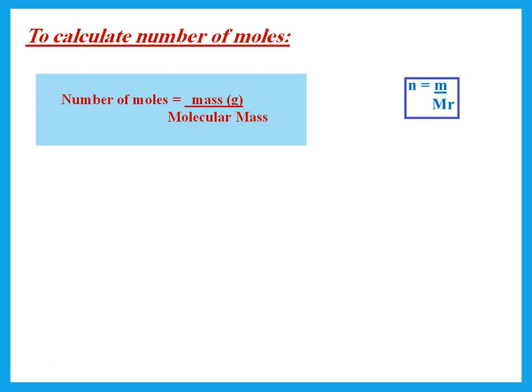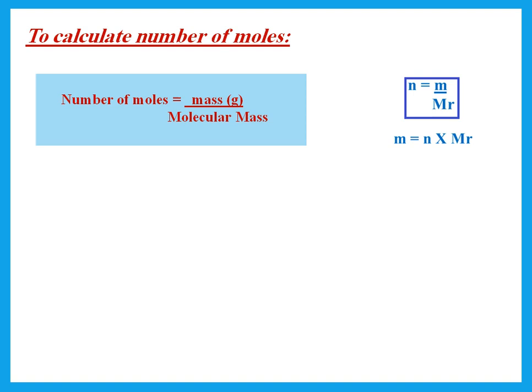Number of moles is mass, which has to be in grams, over molecular mass. And that means from this equation, can I get mass if I need to get it? Mass would be number of moles times Mr, or molecular mass.